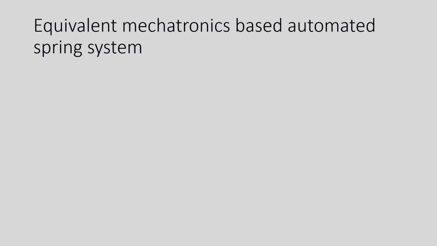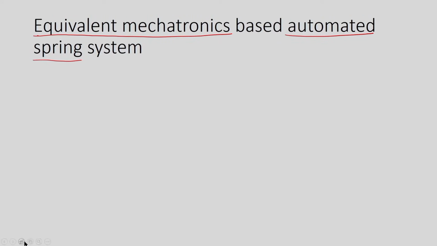To understand these building blocks, let us take a very simple example, that is the spring system, which we have already seen, and let us try to develop an equivalent mechatronics based automated system for the spring system. Here I am considering the spring as a model, and that mechanical system model we have to convert into a mechatronics based system model.